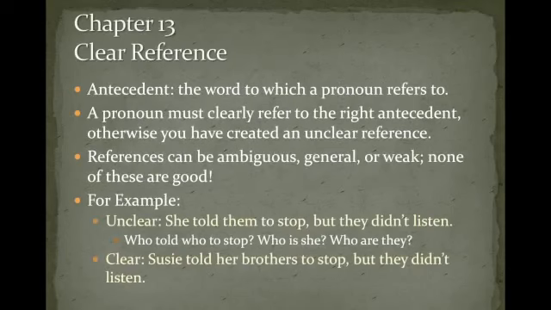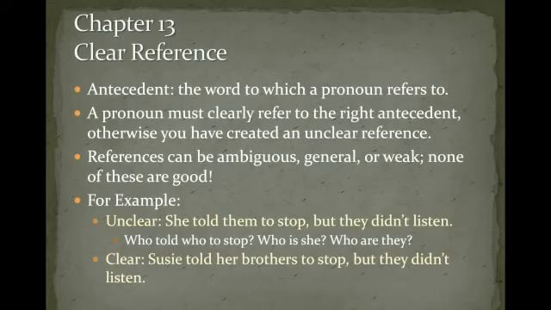So when we look at the ideas of clear references, how do I make my sentences clearer? You might use an antecedent, the word to which a pronoun refers. Now, a pronoun must clearly refer to the right antecedent. Otherwise, you're going to make an unclear reference. Now, references can be ambiguous, general, or weak, and none of these are good. For example, she told them to stop, but they didn't listen.